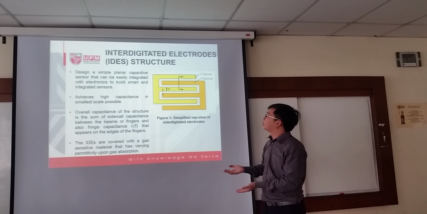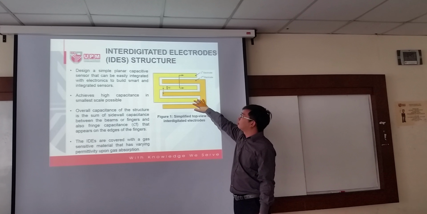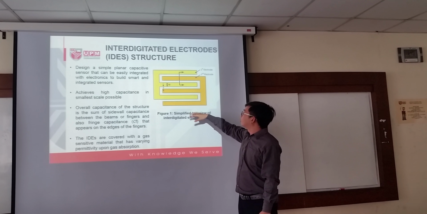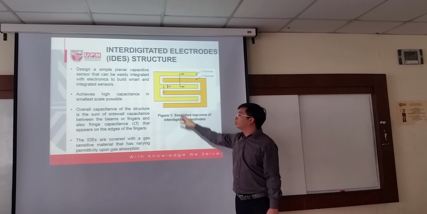The overall capacitance of this structure is the sum of the sidewall capacitance between the beams or fingers, and also the fringe capacitance that appears on the edges, which is around the fingers here.